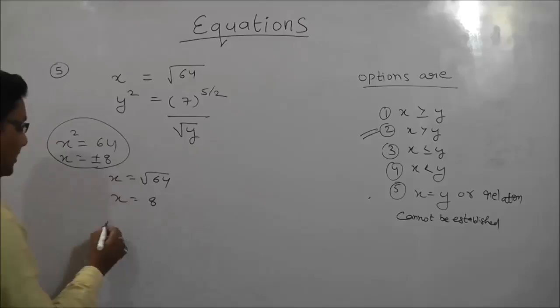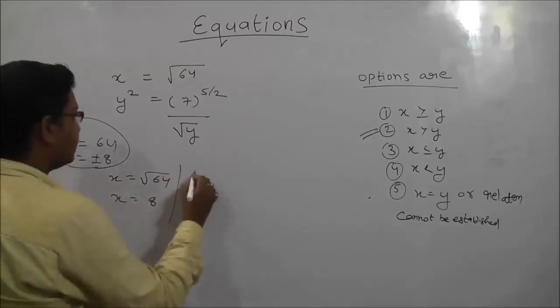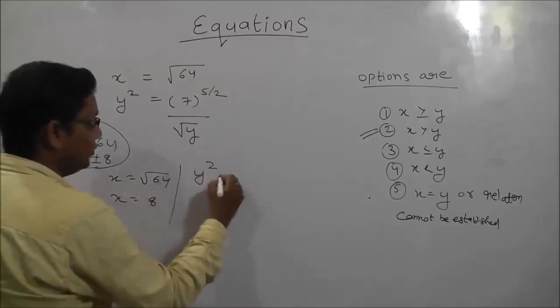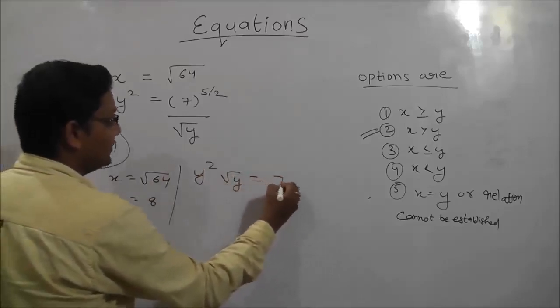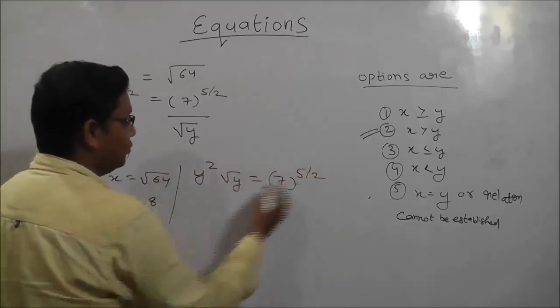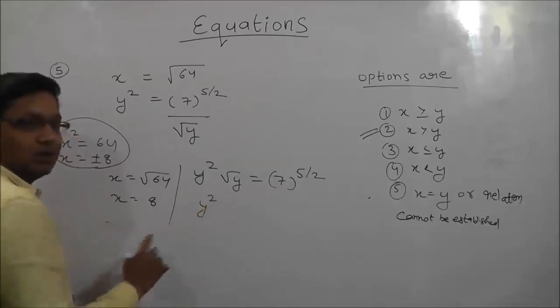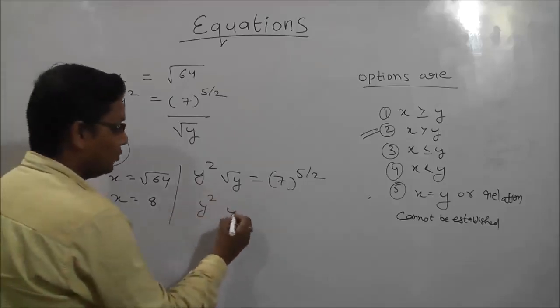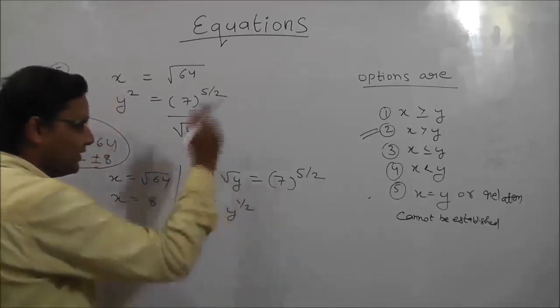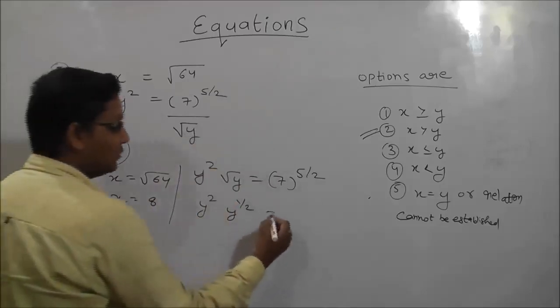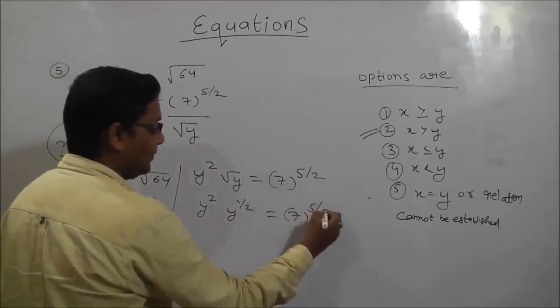And the second equation is y square into root y equals 7 to the power 5 by 2. So y to the power 2 into y to the power 1 by 2, root we can write as to the power 1 by 2, equals 7 to the power 5 by 2.